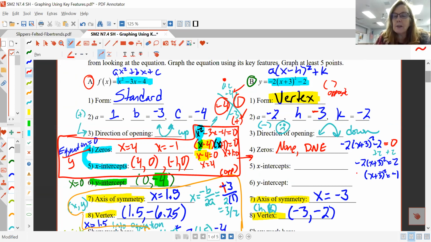And then how do you get rid of a square? You square root. So what we see here is this turns into the square root of negative 1, and that is imaginary. So we could also say it doesn't exist because we got an i value.